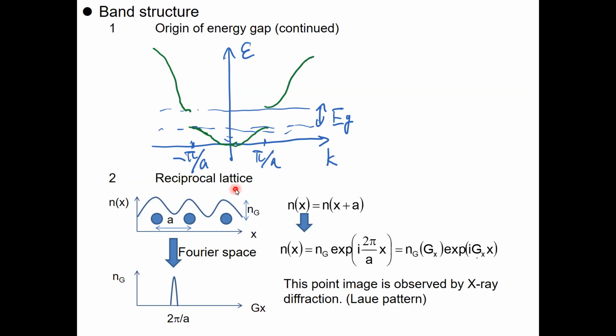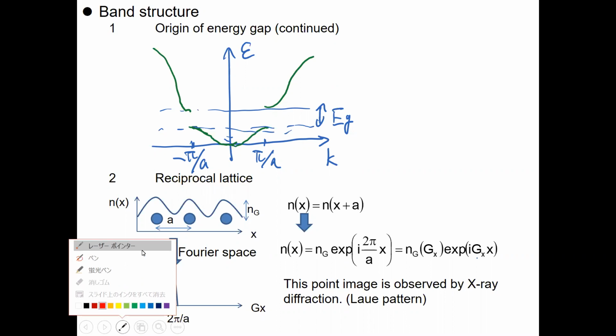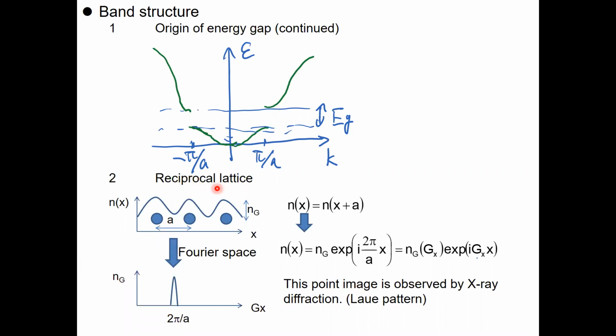One of the important concepts we need to understand for the electron state is the reciprocal lattice. The reciprocal lattice is introduced to understand the electron wave not in real space, but in frequency space.